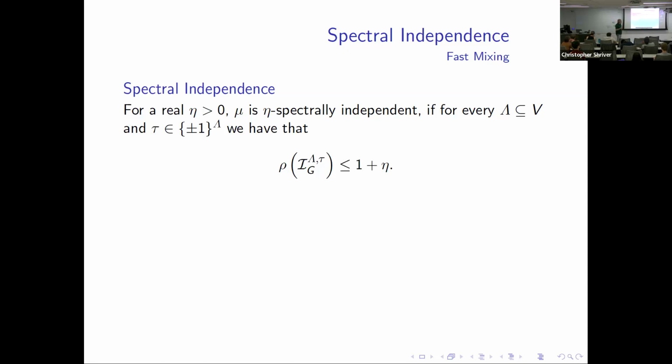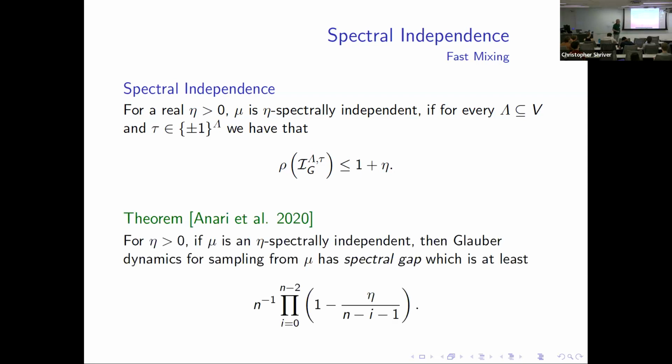For some number eta, we say that the measure mu is eta-spectrally independent if, whatever conditioning we put on the measure for vertex set lambda and configuration tau, the corresponding pairwise influence matrix has spectral radius, which also means maximum eigenvalue, at most 1 plus eta.